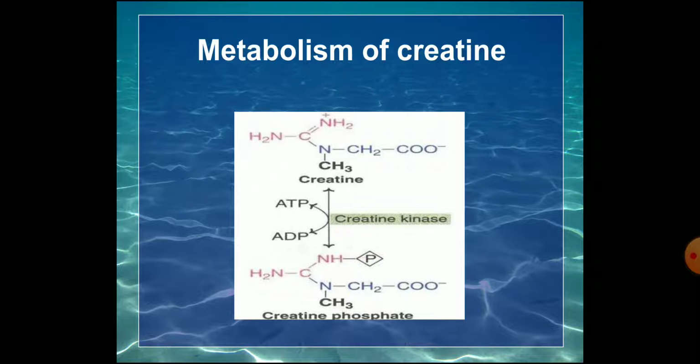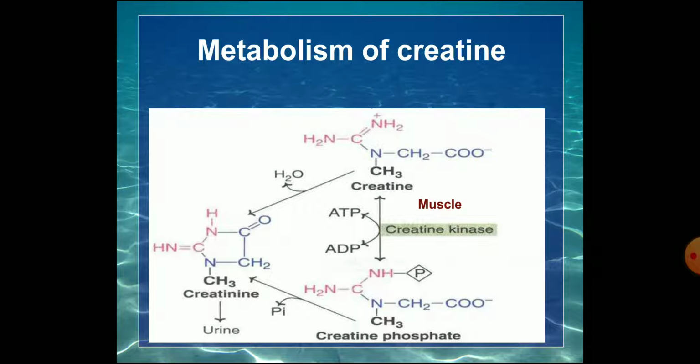This is a temporary storage form of energy in our muscles. When the muscle contracts, the ATP present in the muscle is hydrolyzed and the energy utilized. If more energy is needed, it is given by creatine phosphate through the action of creatine kinase, which transfers the high energy phosphate bond to ADP to form ATP again. That reaction is called Lohmann's reaction.